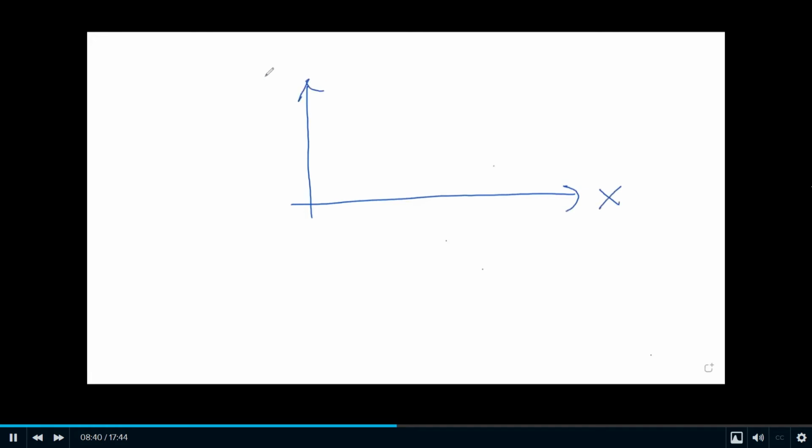Function u(x) like this, and let's say u is like this. You want to find the minimum value of u over this range.